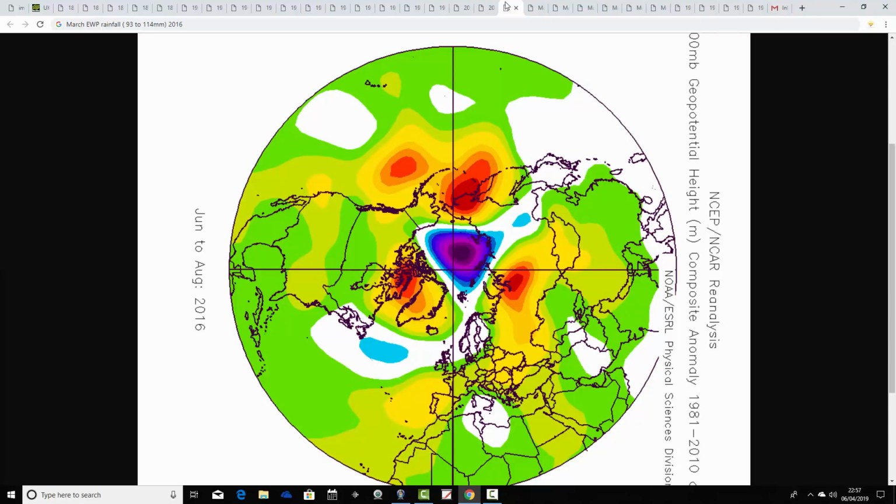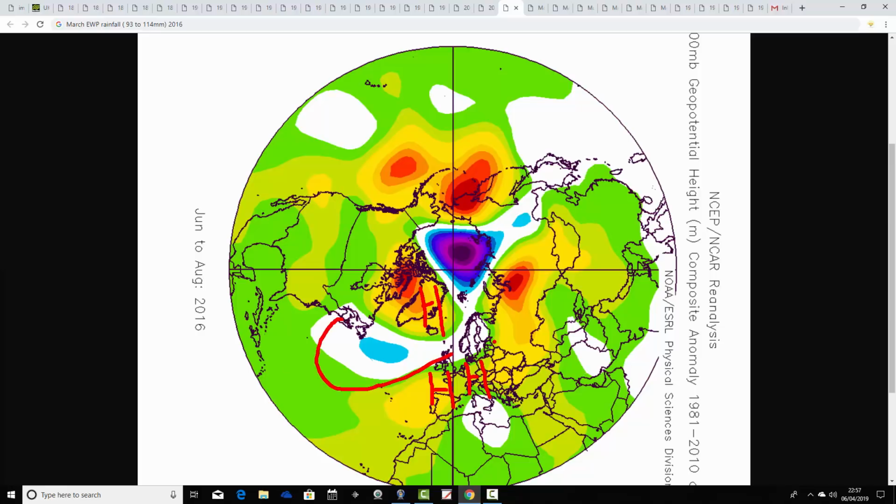And then finally, we've got 2016 coming in within our March precipitation, England and Wales precipitation range of 93 to 114 millimetres. The summer of 2016 has a rather bizarre pattern with below average heights to our south and also to the north as well.